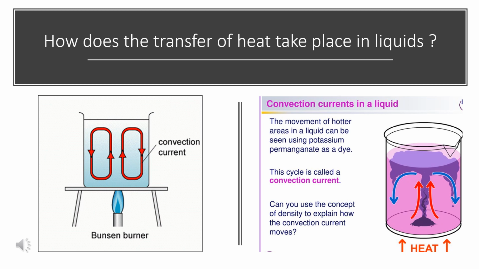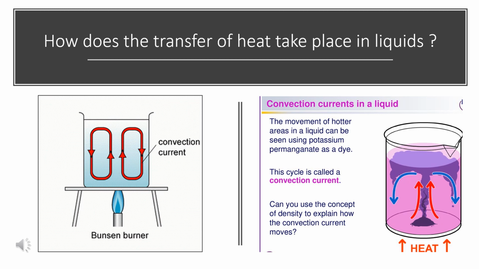So here, can you use the concept of density to explain how the convection current moves? Even density can be used to explain this, because as the particles get heated up, they become lighter and hence they move up.